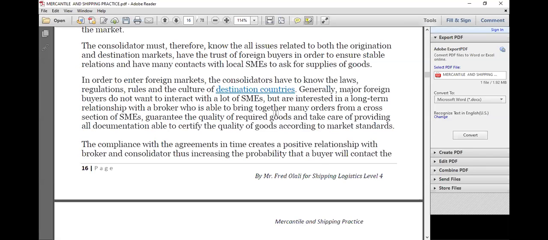So in order to enter a foreign market, the consolidators have to know the laws and regulations. That is a must. Rules and the culture of destination countries. So these are the conditions which a consolidator must know.